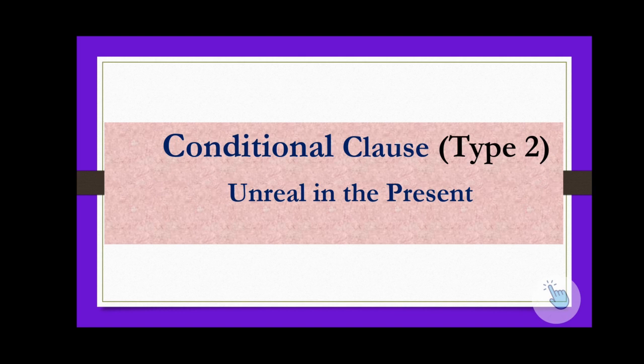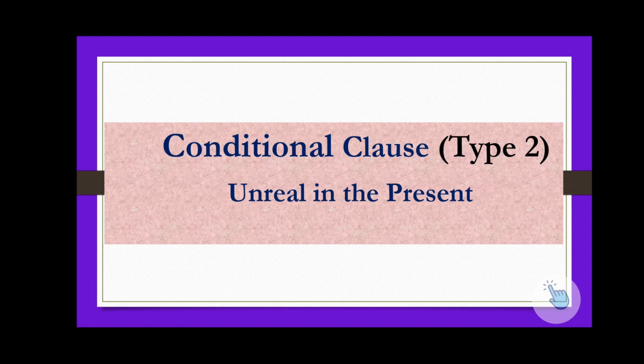In my previous lecture, I introduced conditional sentences and highlighted three types of conditional clauses. Out of the three types, we talked in detail about the type 1 conditional clause, which is also called the real conditional clause.